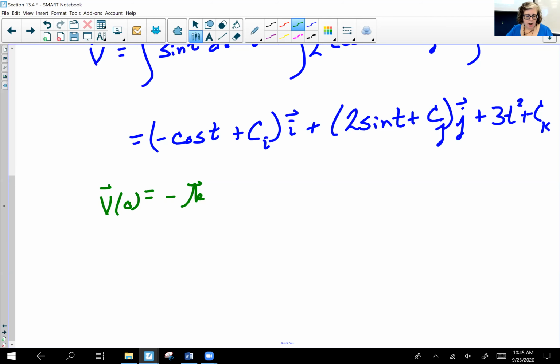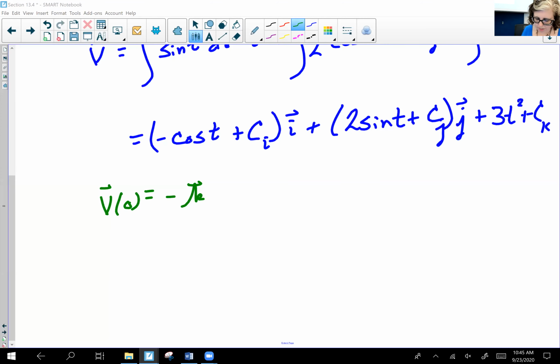I have to warn you about this because you have to stop here and figure out your C's before you continue any further, or you're going to get yourself really confused.